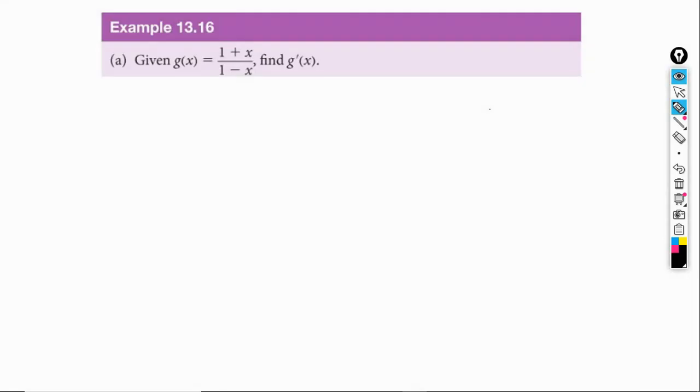Okay, so now we are on example 13.6, part A, and it says, given g of x equals 1 plus x over 1 minus x, find the first derivative. So if we have that g of x equals 1 plus x over 1 minus x, then the derivative will be, remember, low d high minus high d low over low squared.